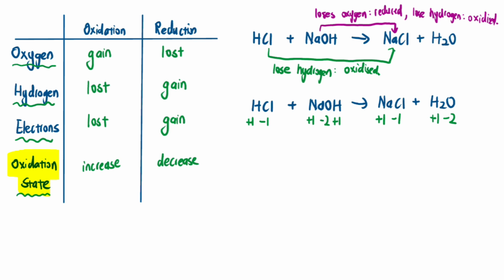Okay, so let us do a quick analysis of whether there's any change in the oxidation state of any elements in this balanced chemical equation. So let me write down here: hydrogen, oxygen, chlorine, sodium.